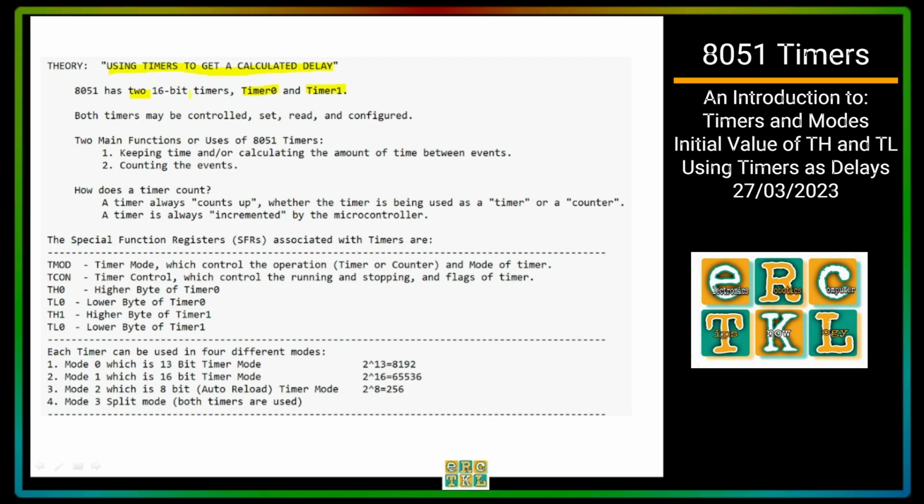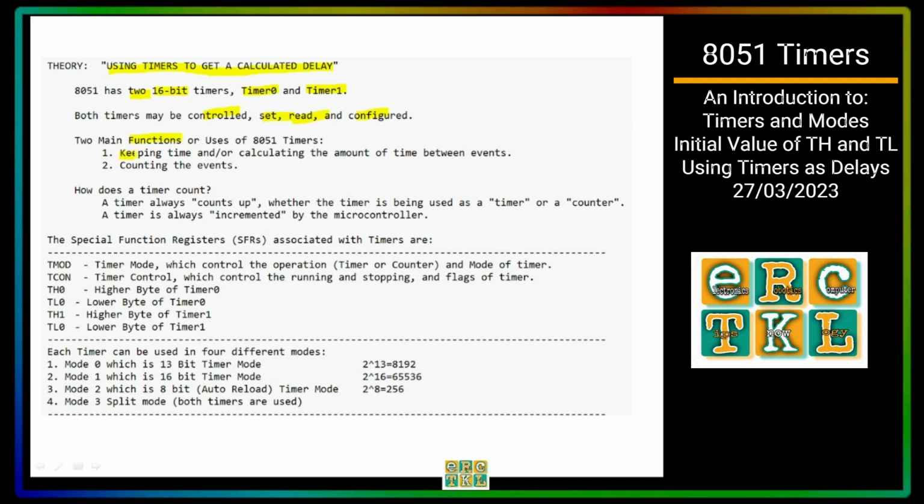Now, the size of the timer of 8051 is 16 bits. Okay, and we can control this, we can set, we can read, we can configure. And there are two functions of the timers.